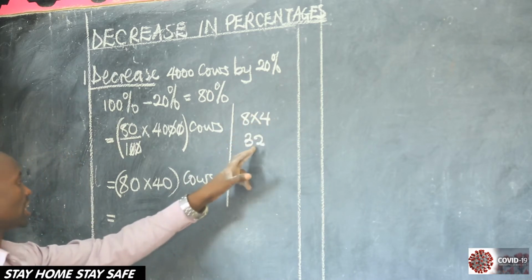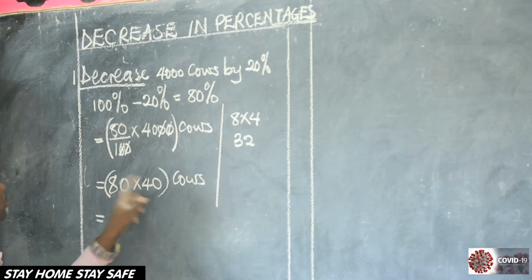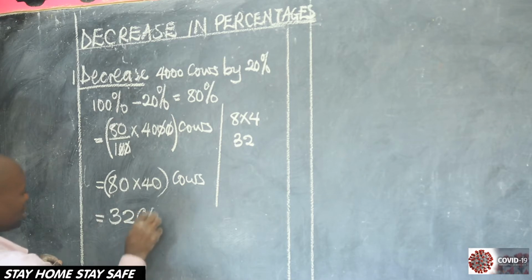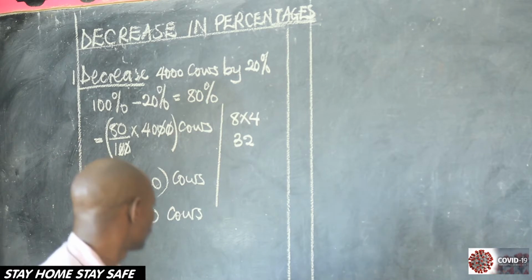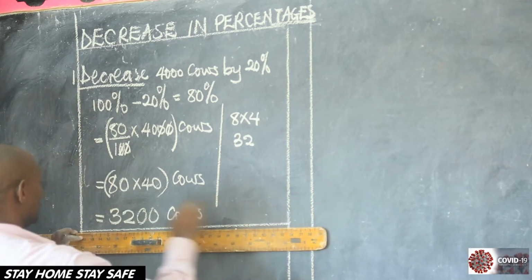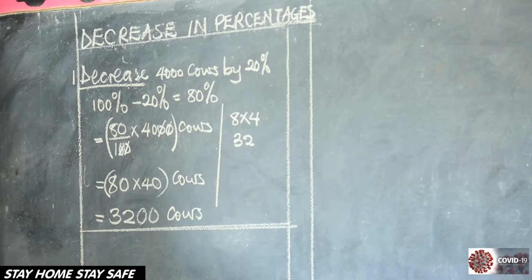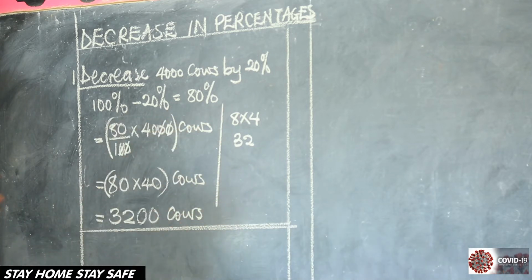So this 32 which I have got, I have to add on the 2 zeros which I have left out. So we shall have 32, then plus this 0 and this one, 0, 0. And these are cows. So when you look at this, the only difference is that today we are just subtracting. Increasing, we are adding. Decreasing, we are now subtracting.